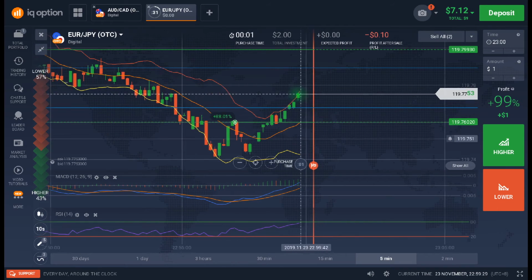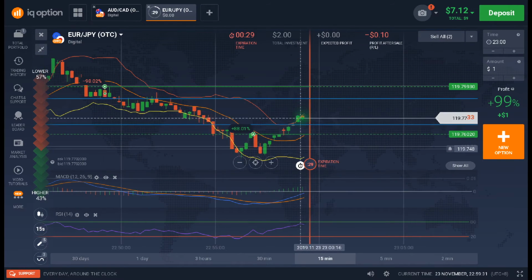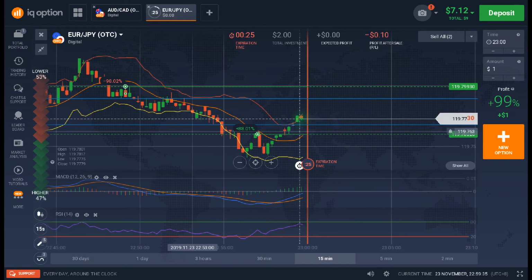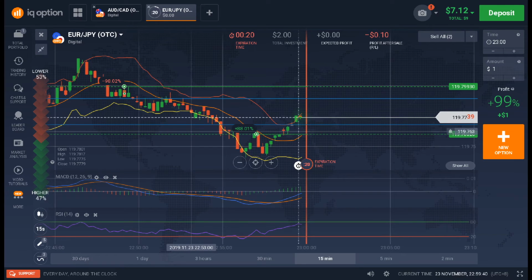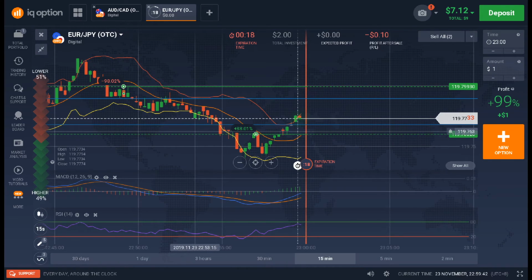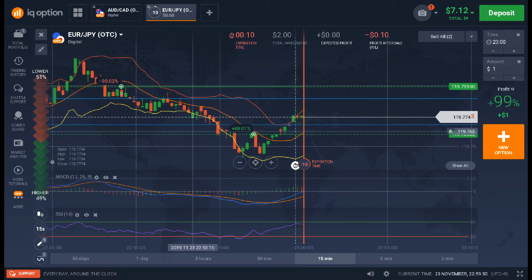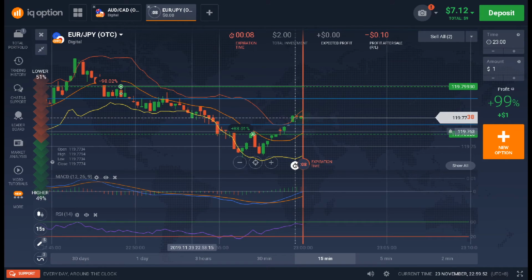Yeah, come on. Yes, yes, yes. I hope we're on a safe level now. Continue to go up, please. At least we're just going to lose how much? 10 cents.